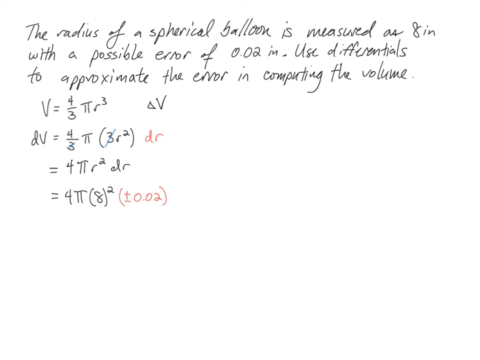Now the last thing that we need to do is just multiply all of this stuff together to get 5.12 pi with a plus or minus in front. Again, we were not given whether our estimation was high or low, higher than 8 inches or less than 8 inches. So we have to go both ways.